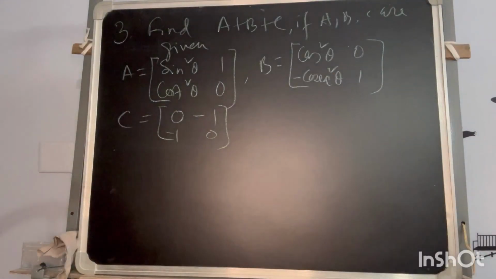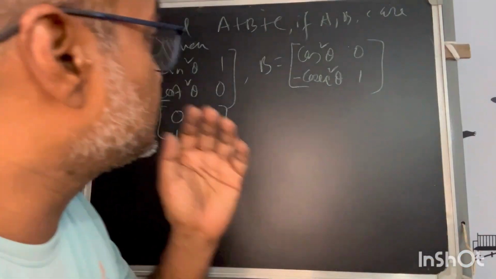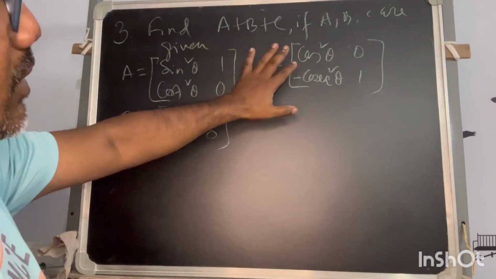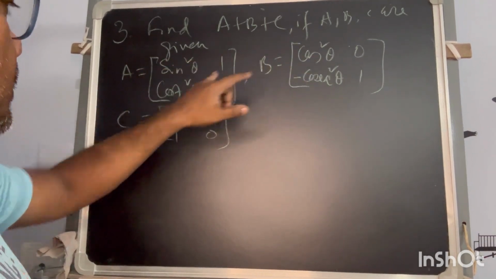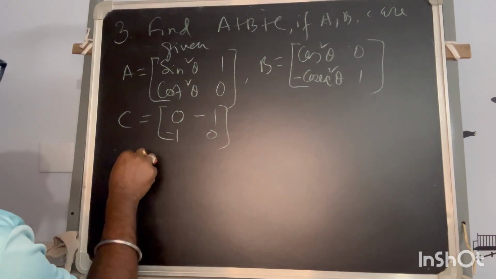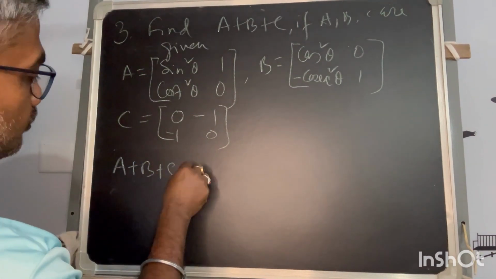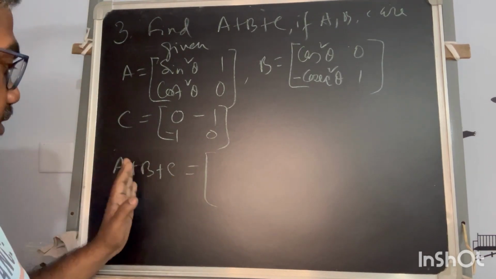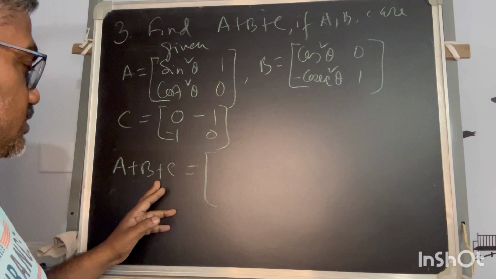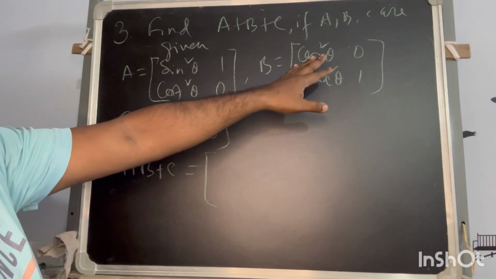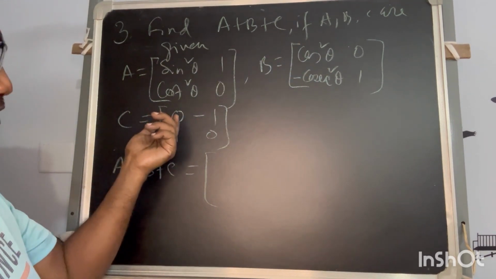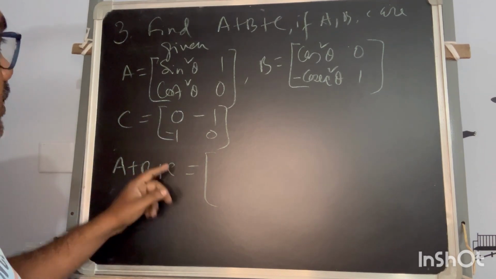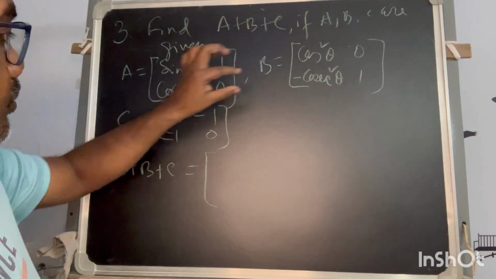Now we have to find A plus B plus C. So in this case, you need not do it consecutively. You can do it at once. Okay, A plus B plus C, because the rule is the same. When you do plus or any combination of plus and minus, according to that you have to choose the sign when you add or subtract the respective position elements. So for A plus B plus C, all the elements of similar position are to be added.